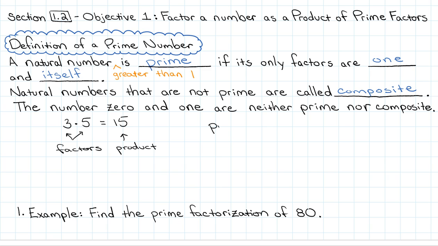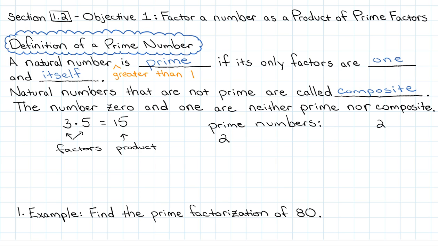Alright, let's list off some prime numbers right here so you have a few of these. Remember, prime numbers are numbers that you can only get by multiplying 1 times that number itself. So some prime numbers would be, for example, 2, right?